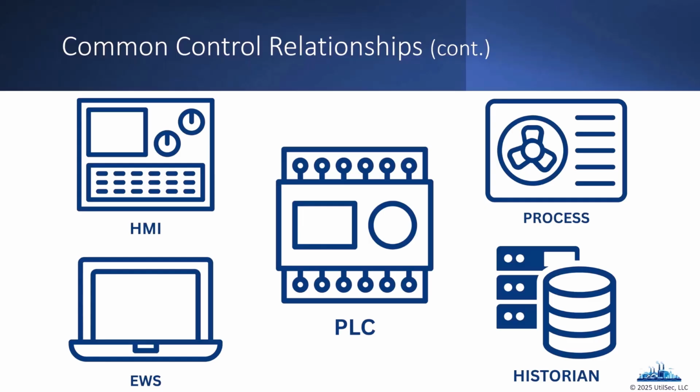We haven't even started to talk about a DCS, like in a power plant or petrochemical facility. Or we have that process, the equipment that we're controlling out in the real world. That PLC that I always see as kind of center to everything, at least in this scenario. It can log or send data to the historian.